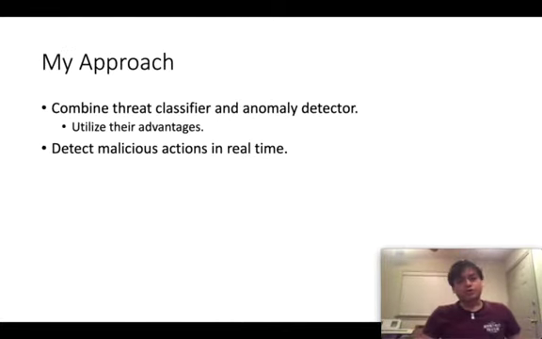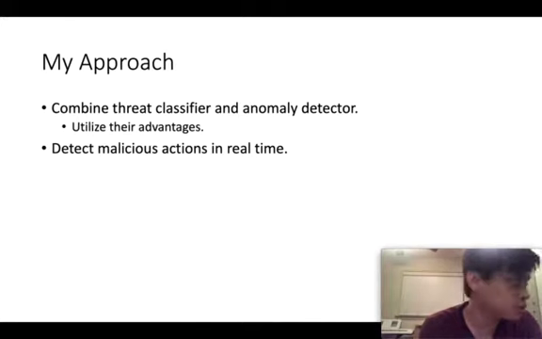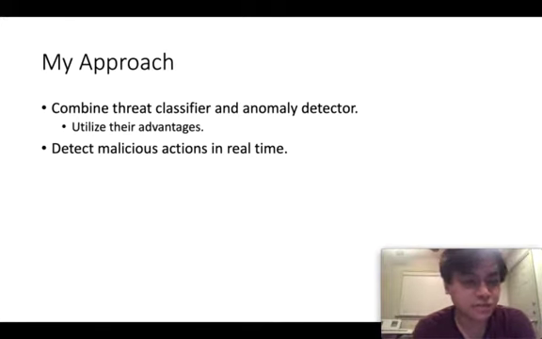So my approach is that I'm going to combine the threat classifier and anomaly detector together. So I'm going to utilize their advantages, which is high true negative and high true positive.